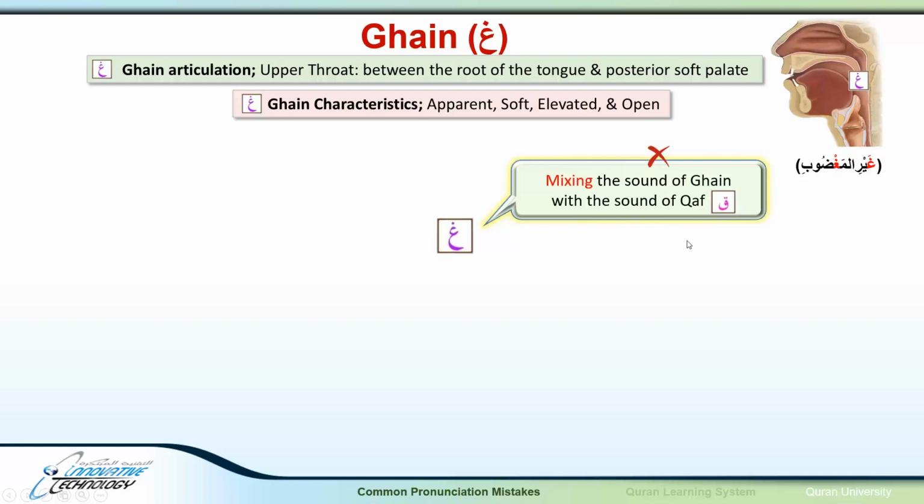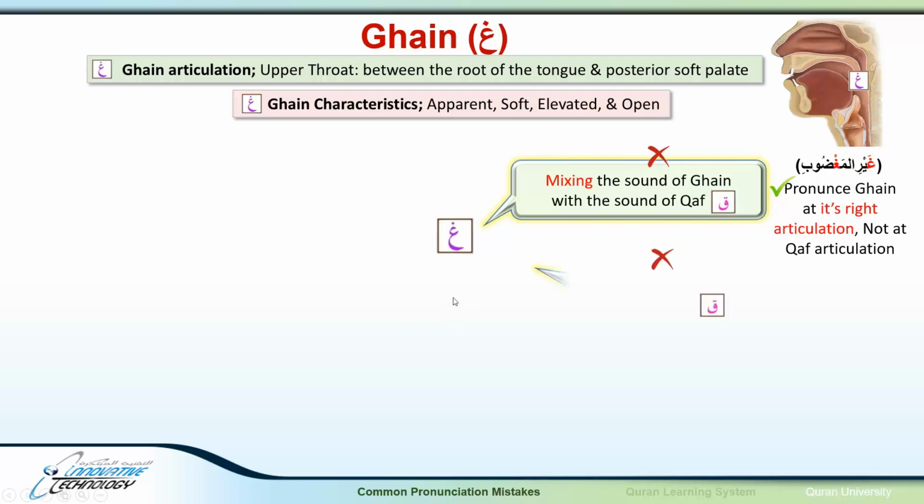So this is wrong. The right way is pronouncing it like that. غير المغضوب غير المغضوب. Clear ghain, not qaf. So غير is wrong, غير is right. So we have to pronounce the ghain at its right articulation and not at a qaf articulation.